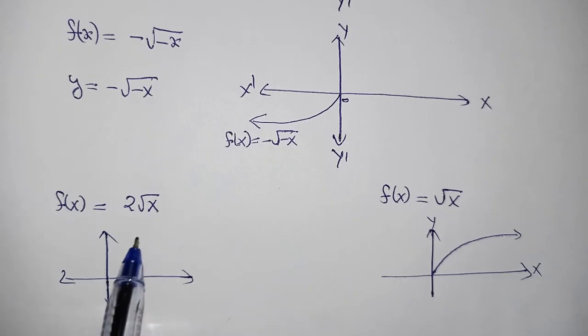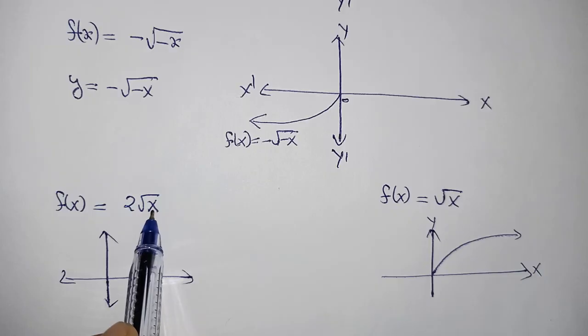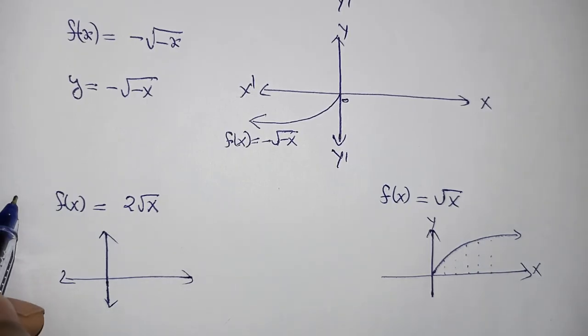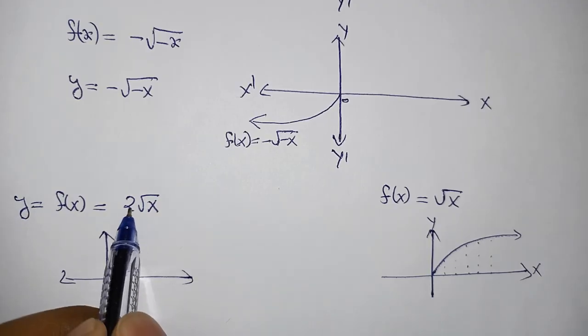So when you scale up or multiply by 2, what you notice is x is the same. That means all points of x are just the same, but the point of y becomes 2 times.